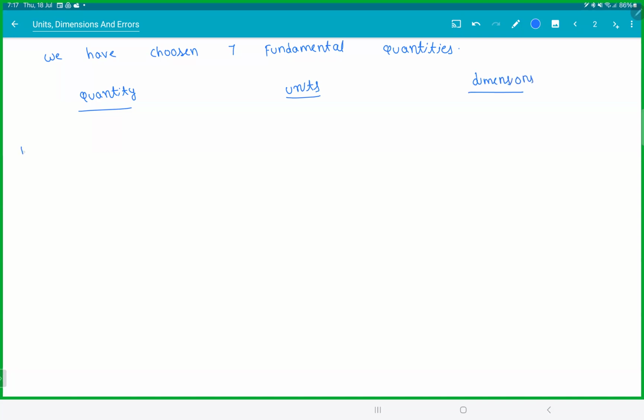The first one is mass. The SI unit is kg. The dimension is capital M. So when you see something in terms of M, we know you're talking about something related to mass.